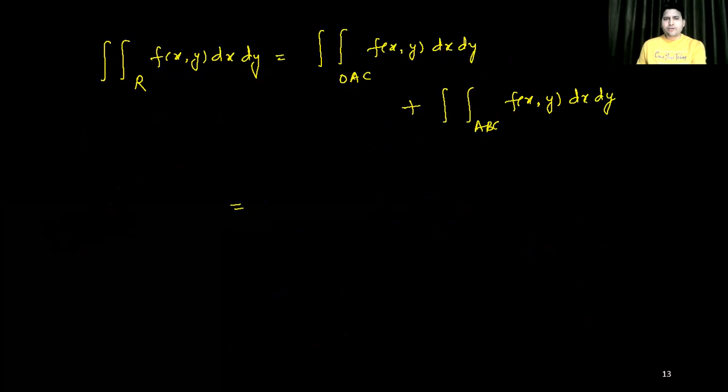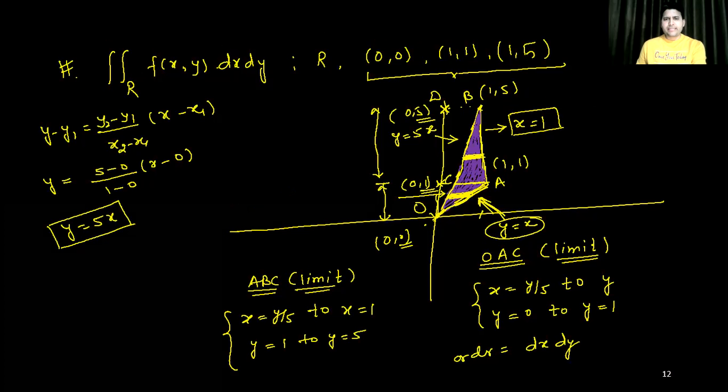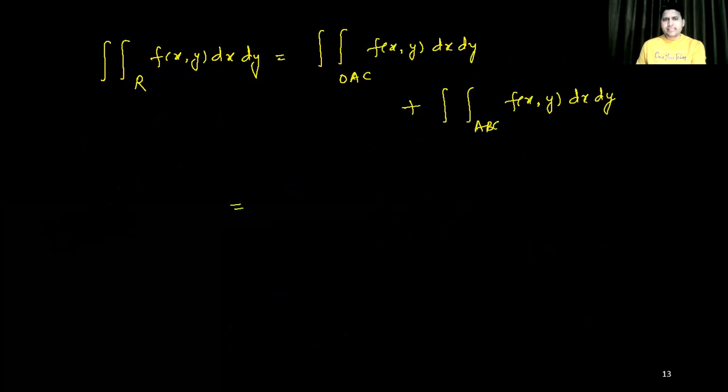Now put the limits over here. The limit of OAC is x equals y upon 5 to y, and y equals 0 to 1, inside we have f(x, y) dx dy, plus the second integral.